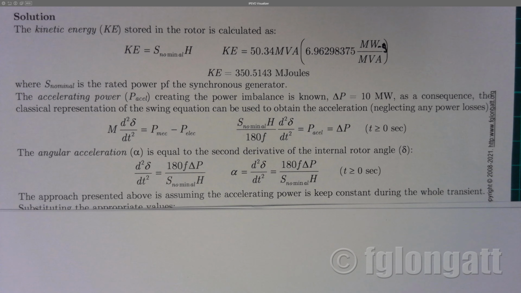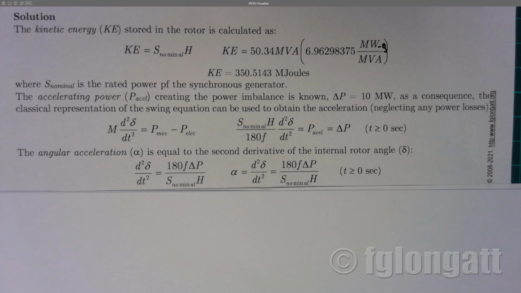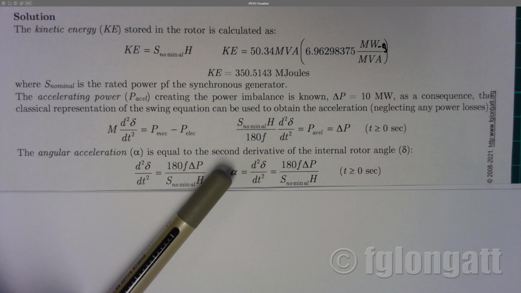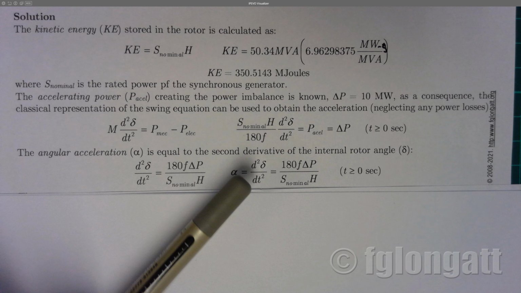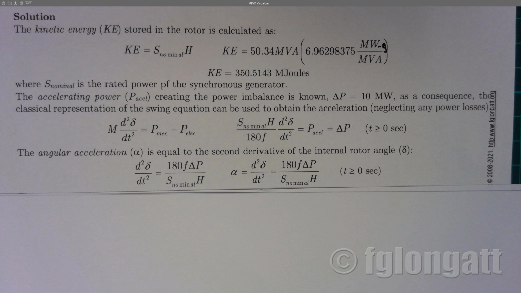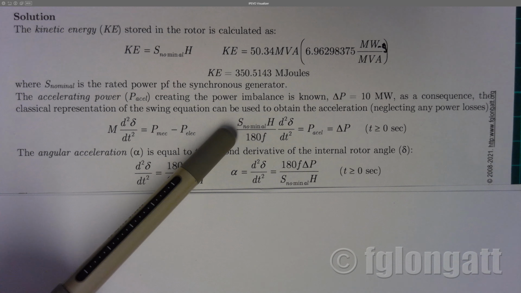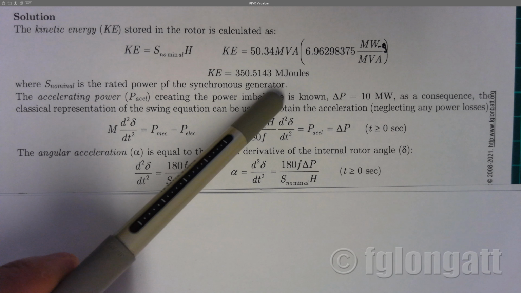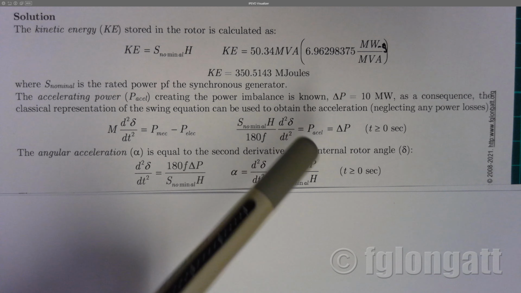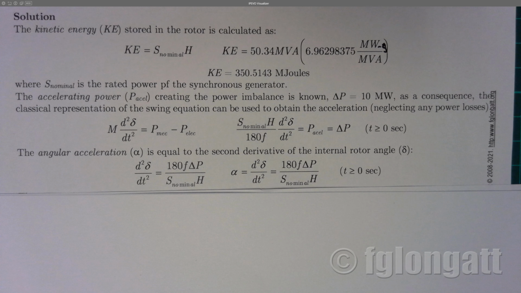Now what we need to do is extract from here the second derivative. My students know that the angular acceleration alpha is equal to the second-order derivative of the rotor angle. Taking the swing equation and extracting this term, the second derivative of the rotational speed, the problem should be done.